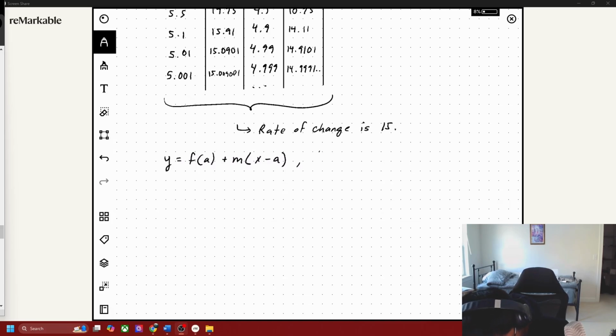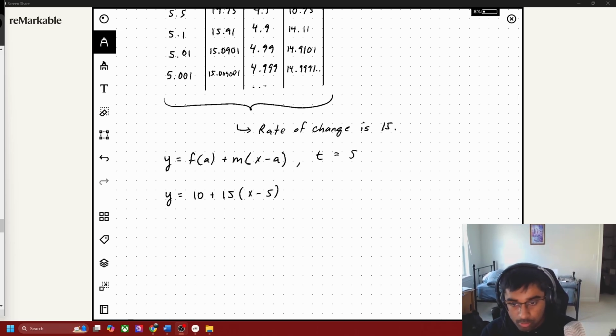So we know that t is 5, or really x equals 5. So it's going to be y equals, let me calculate this out. I forget. Alright, I believe it should be 10 plus 15 times x minus 5. If I'm incorrect, please correct me in the comments later on.